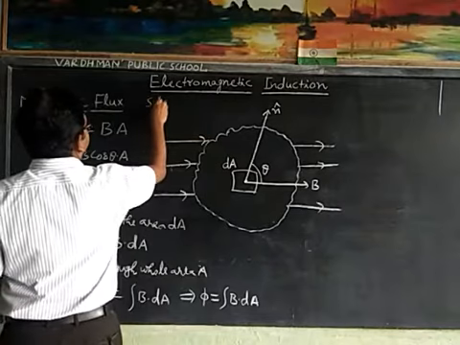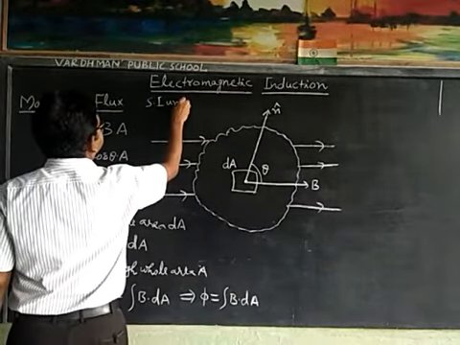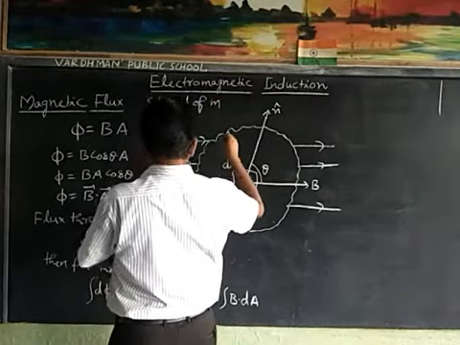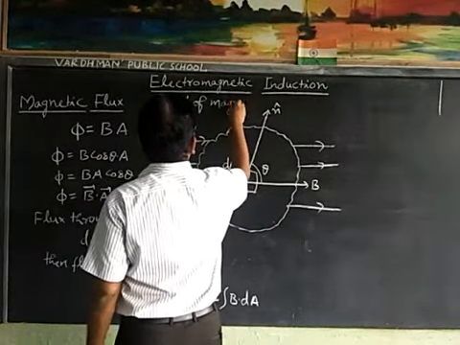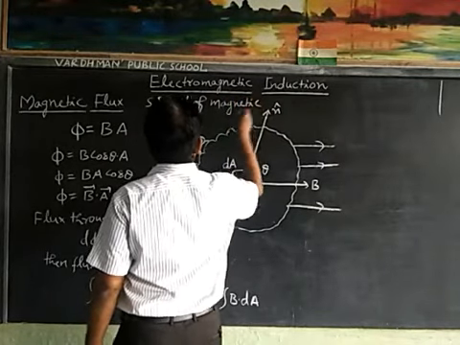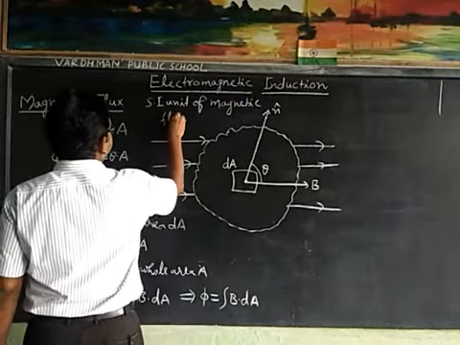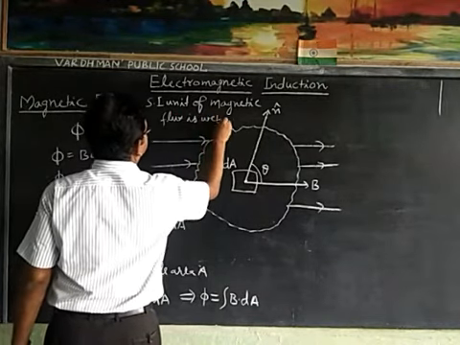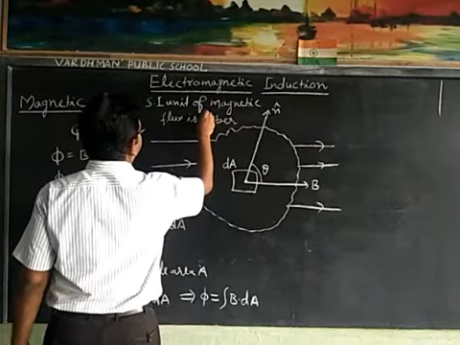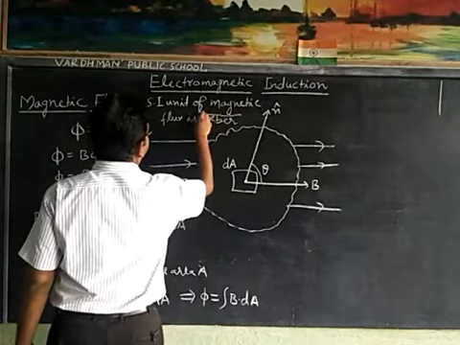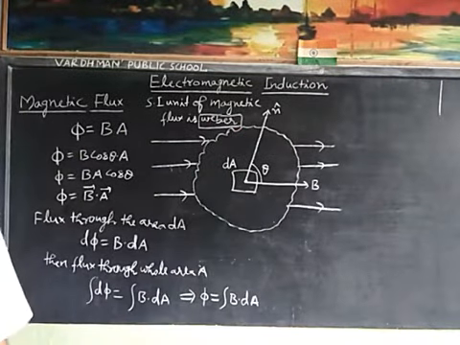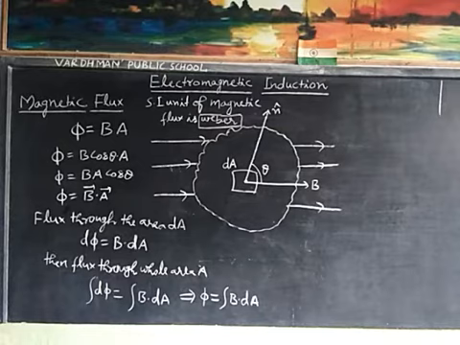The SI unit of magnetic flux is Weber and it is a scalar quantity.